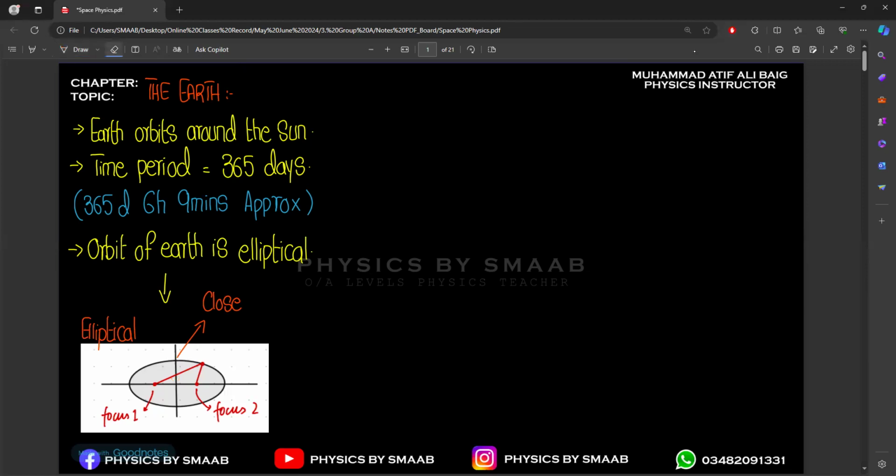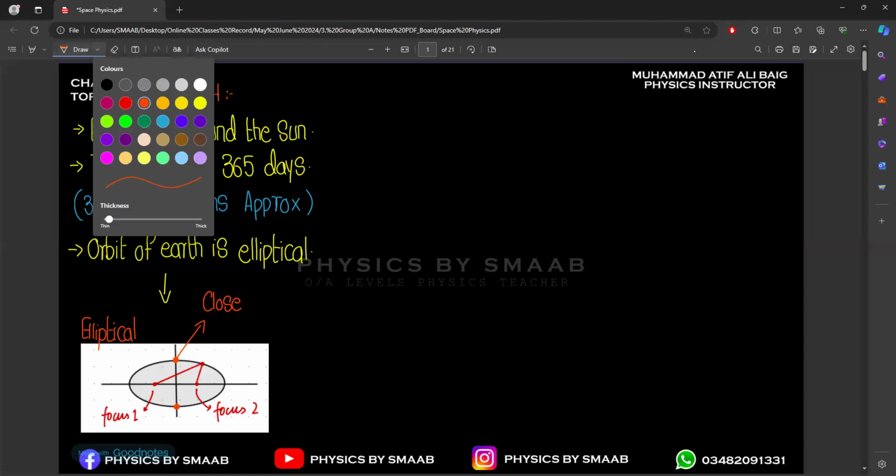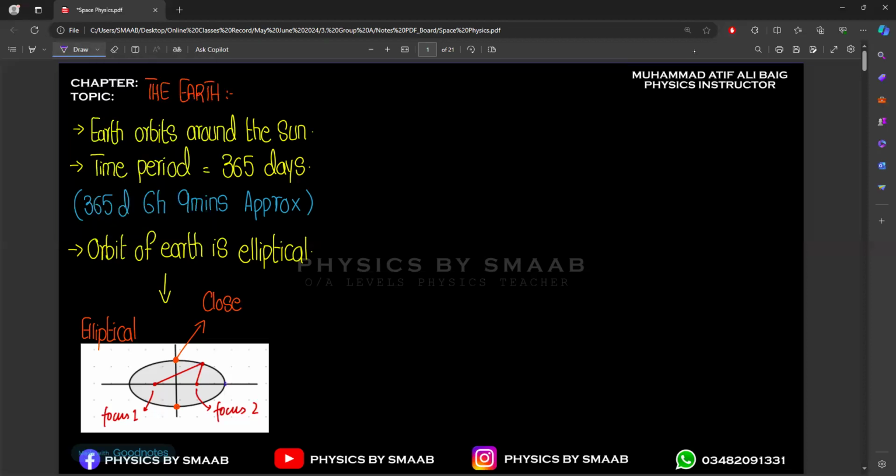So in an ellipse, you can see that this vertical upward point is close to the center, and same on the other side, the vertical downward side. So the vertical sides are close to the center, but if you consider the horizontal sides, the horizontal sides are at a greater distance from the center.